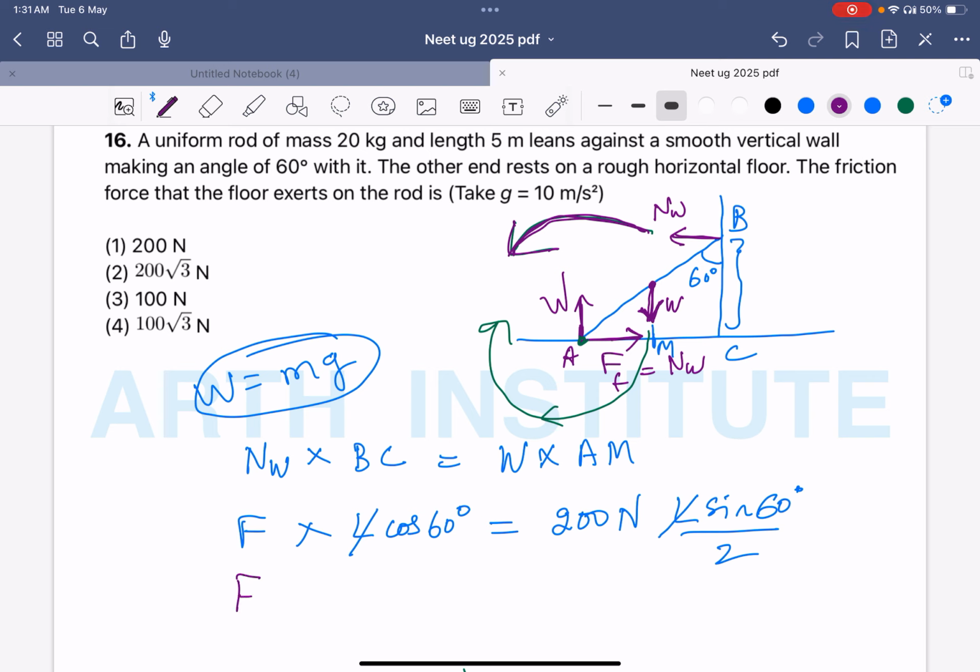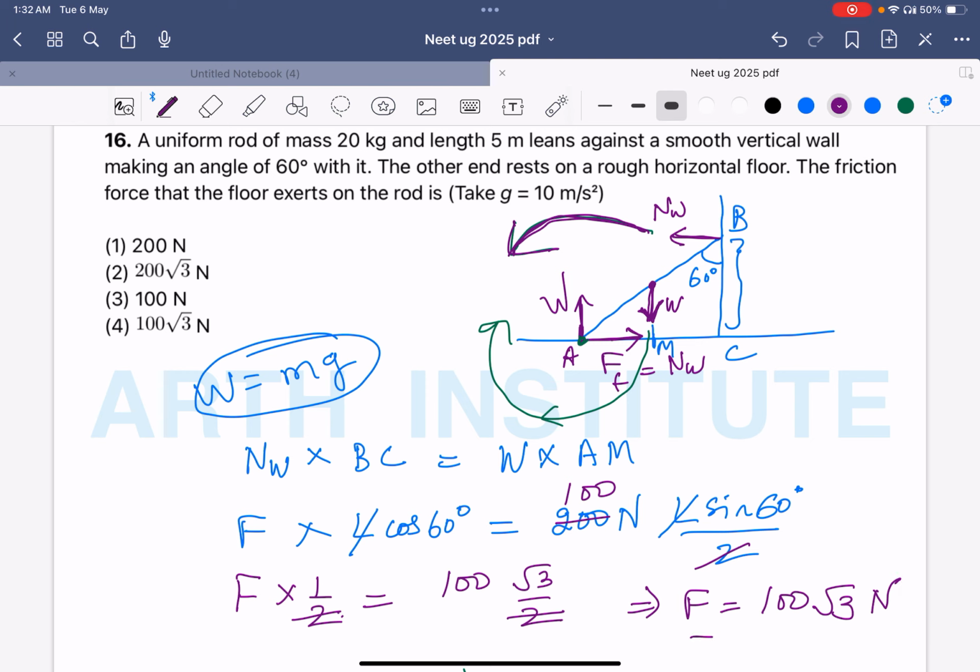So this is F cos 60 is half, and this 2 gets simplified. And sine 60 is root 3 by 2. This 2 gets cancelled with this 2. So your F is equal to 100 root 3 Newton. So the force of friction is 100 root 3 Newton.